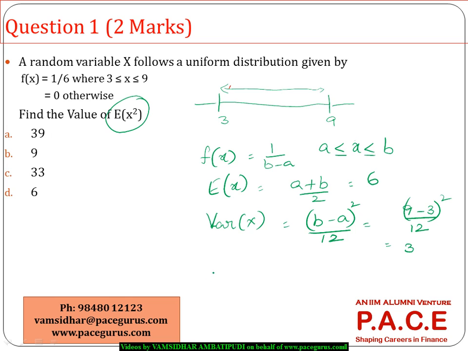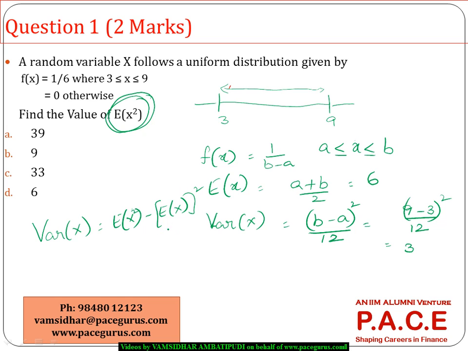So we know the variance of x as well as the expectation of x, but we need the expectation of x squared. Using another relationship, variance of x equals expectation of x squared minus expected value of x whole squared.